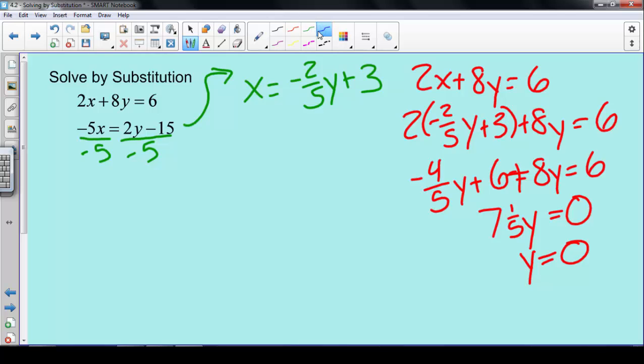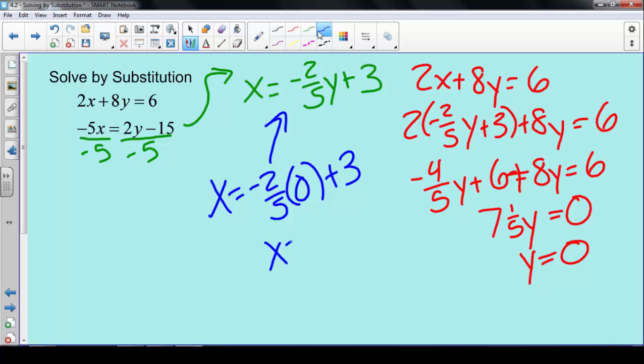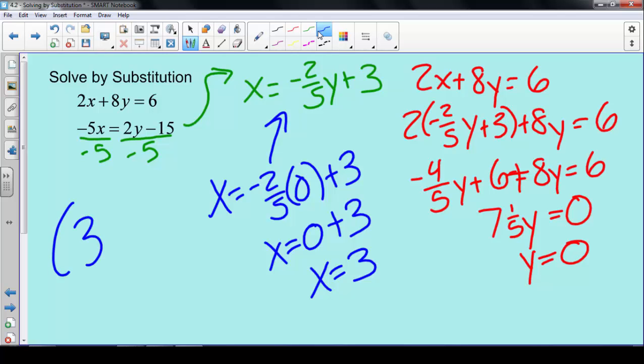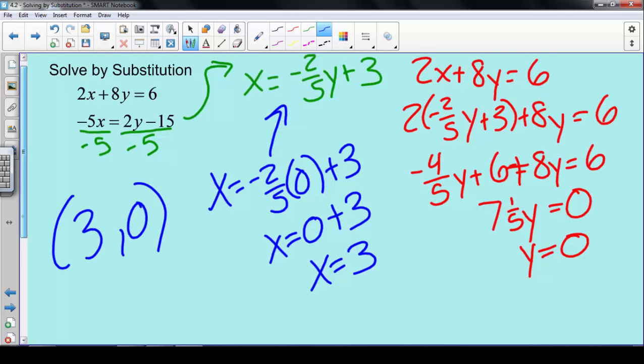So now we have a value for y, substitute that back in for our y to get our x value. I'm just going to go back into this one. So we get our ordered pair is 3, 0.